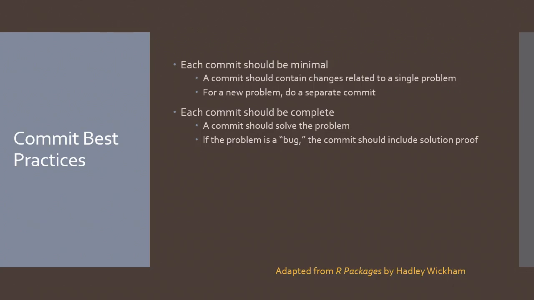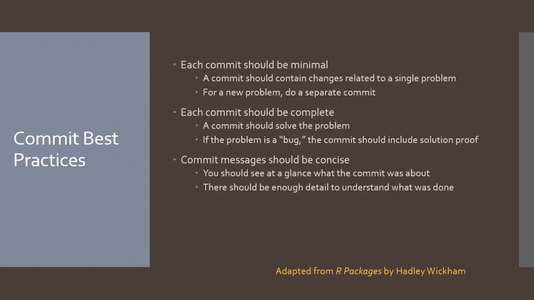Each commit should be complete. It should solve the problem. And by problem here, we mean that we've created the code that we need in order to carry out a certain task. If the problem is actually a bug in the code, the commit should include proof that we have solved the problem. Commit messages should be concise.